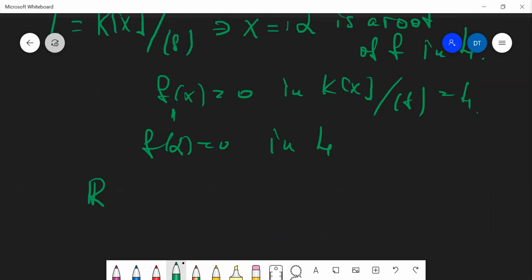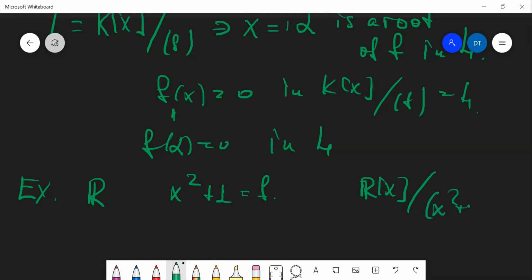We started with the field R. We take the polynomial x squared plus 1, which is F, and we consider R of X over x squared plus 1. And this is your C, just by definition, where X is simply denoted by i.